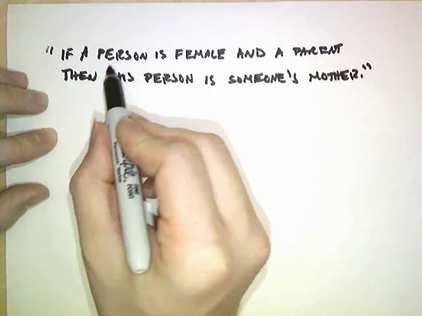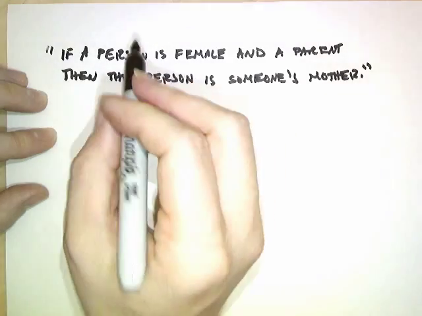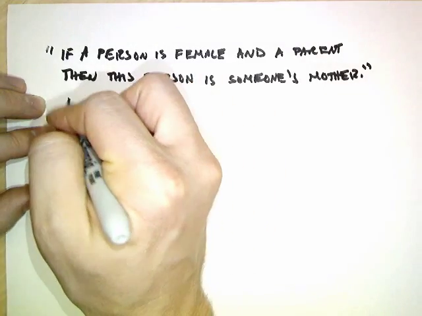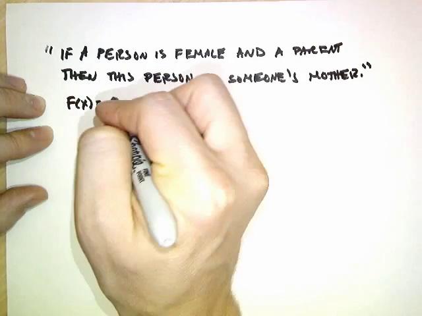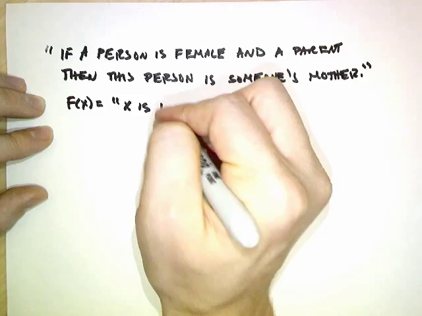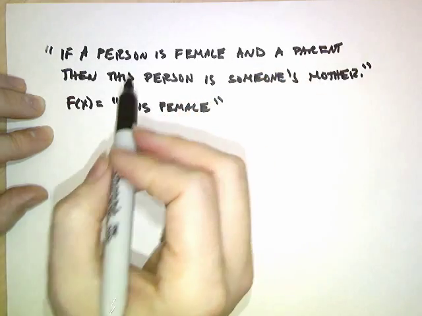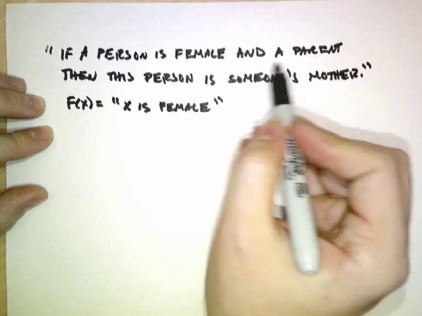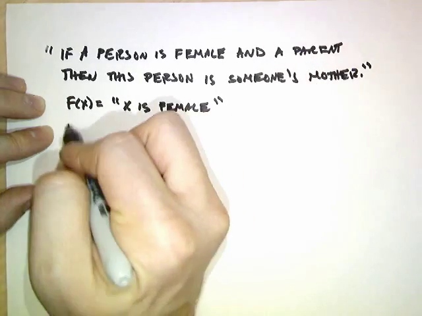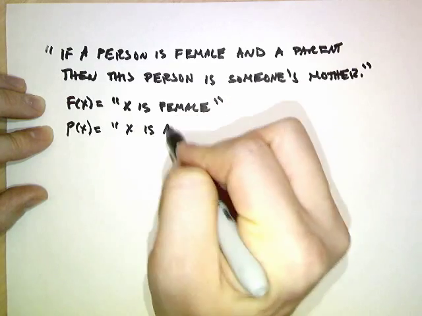Okay, so what predicates might be involved here in this English sentence? Well, we have person is female. So let's let F of x be x is female. And then we have a person is a parent. So we have P of x, x is a parent.